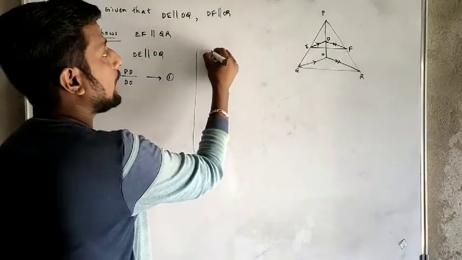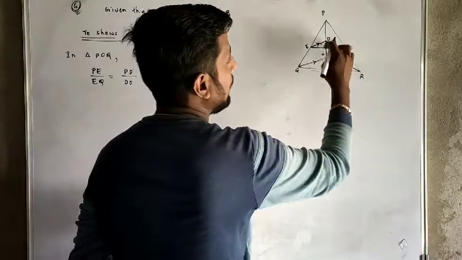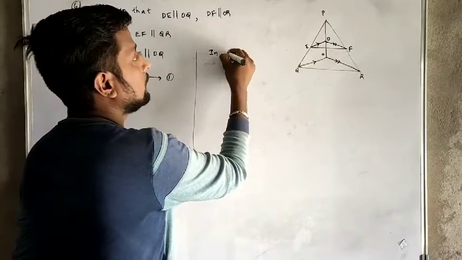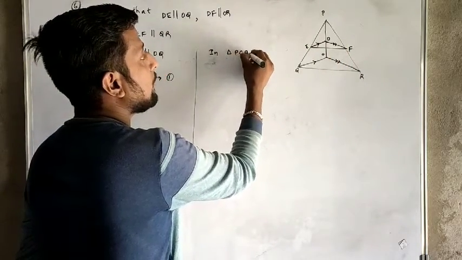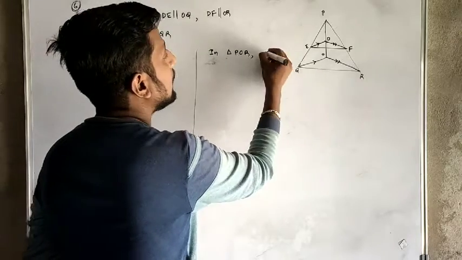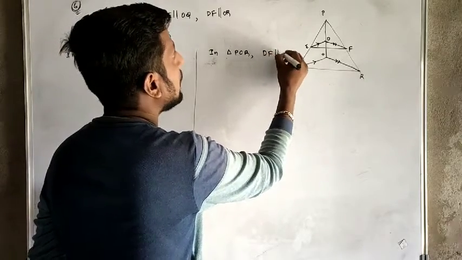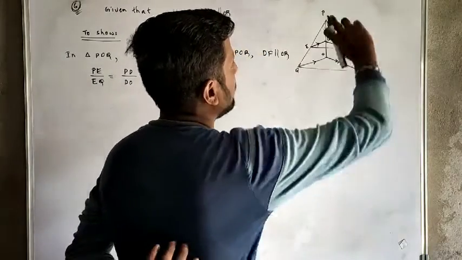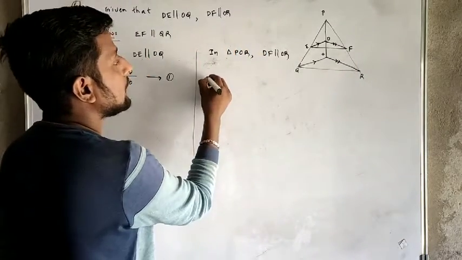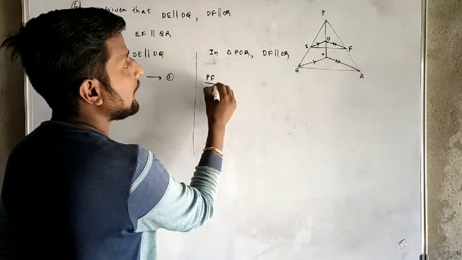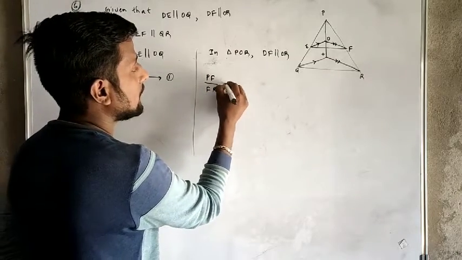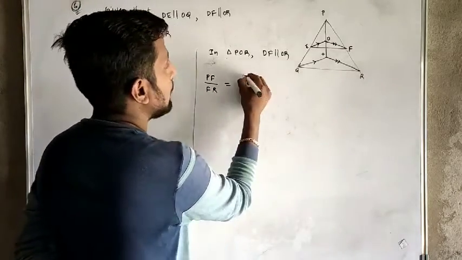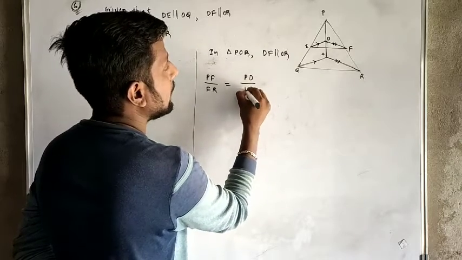Okay, now look at one more triangle, POR, right? In triangle POR, DF parallel to OR. So simply what you will write again? Same. P is a common point, right? So PF by FR is equals to PD by DO.